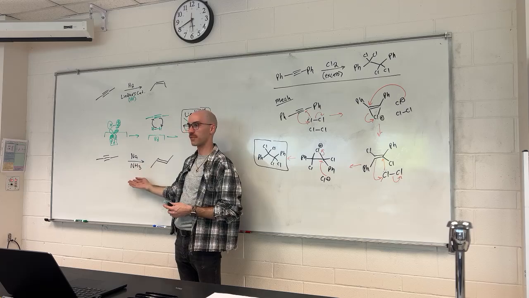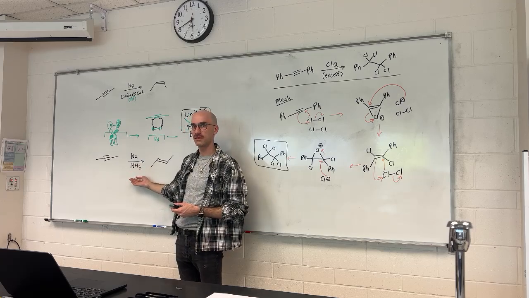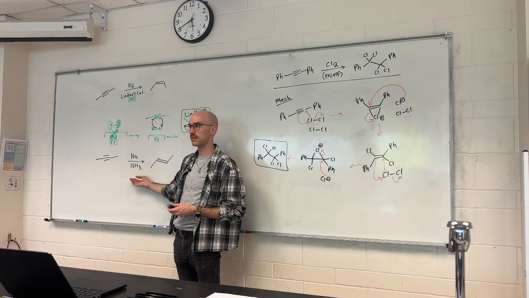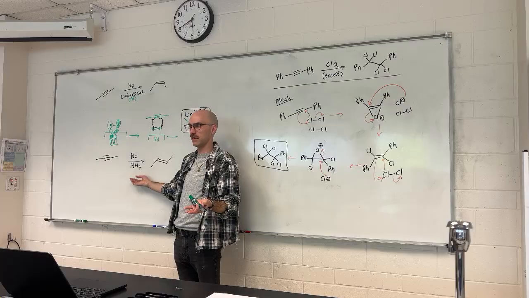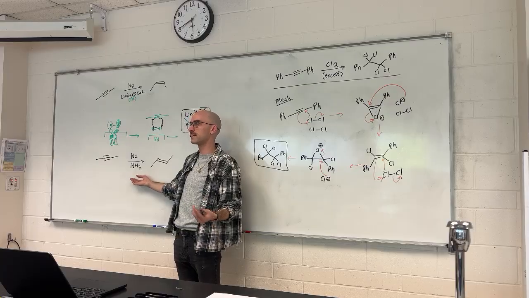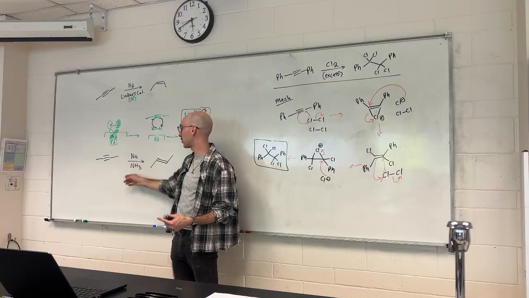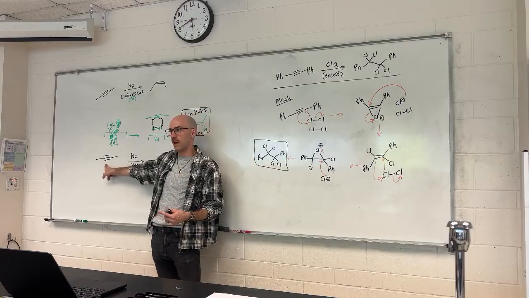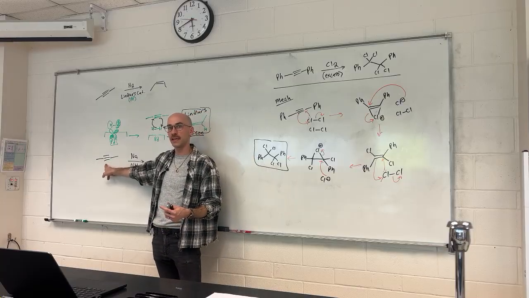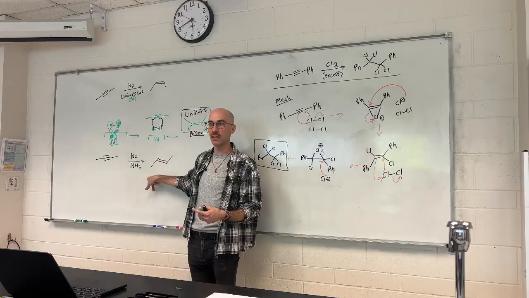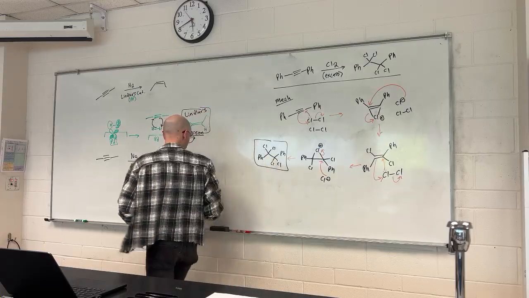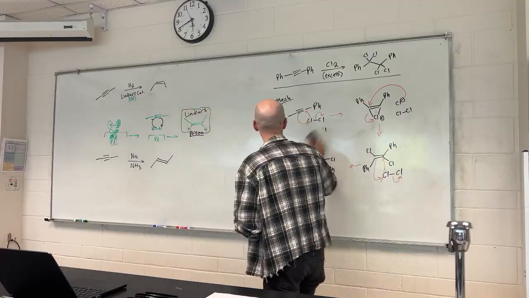Where do the hydrogens come from here? They must come from NH3. That's the only place that has a hydrogen. So I actually need to create a base on my alkyne so that I can deprotonate ammonia. Does that seem fair?